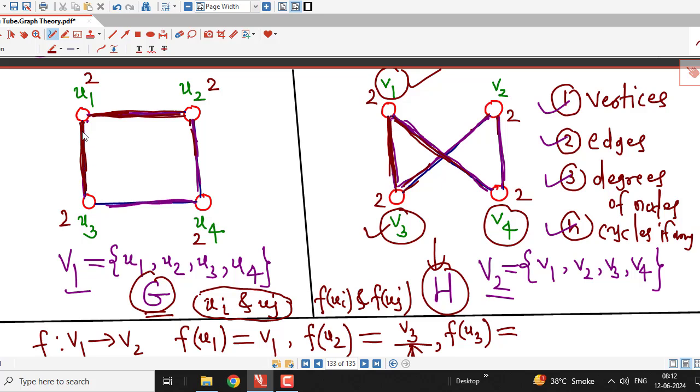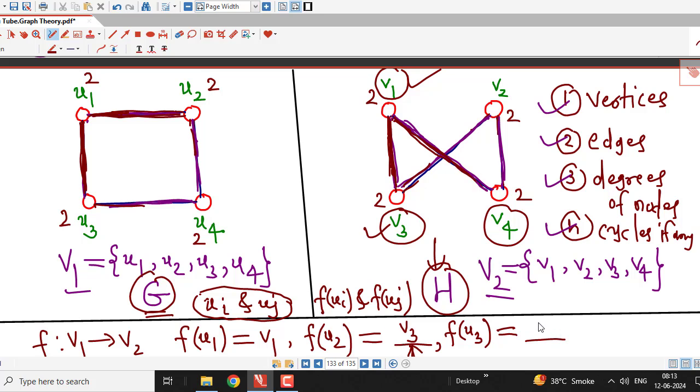So here U3 is adjacent with U1 and U4, and the image of U1 is V1. So here I have to assign that vertex which is adjacent with V1. So with V1 we have V3 and V4 adjacent.